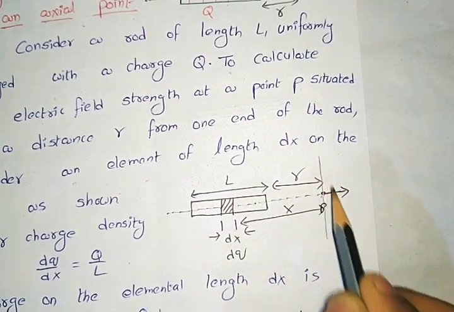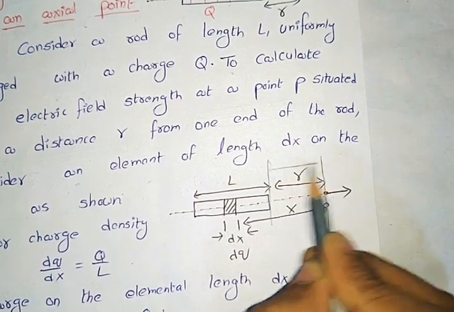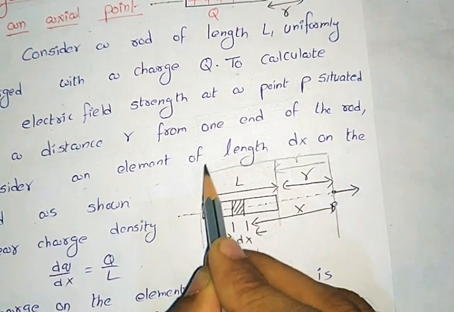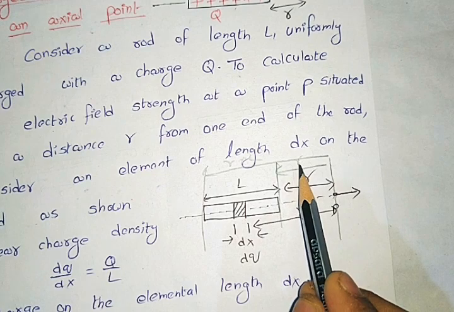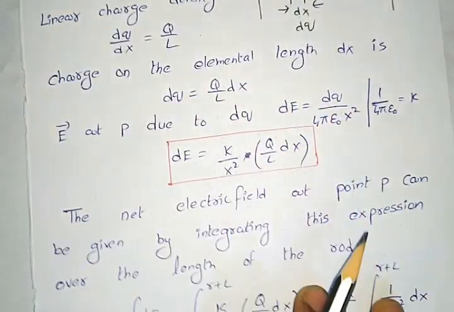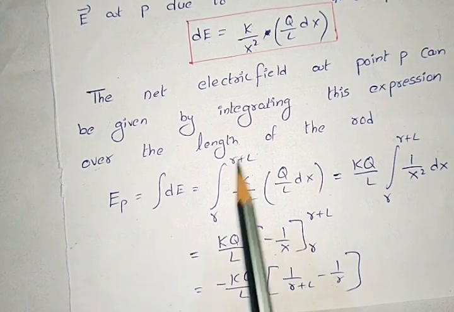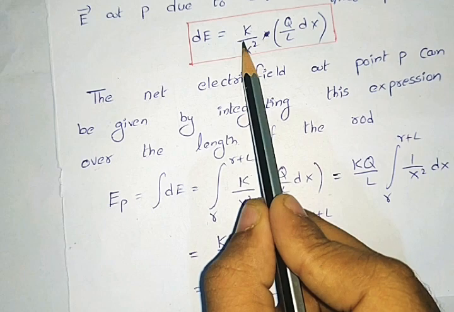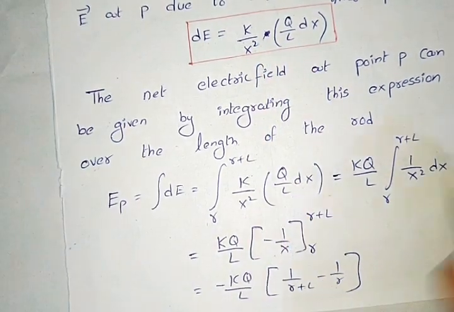If you take the point P, this end of the rod is at a distance of r and the other end of the rod is at a distance of r plus L. So for integration our limits will be from r to r plus L, and we will substitute the value of dE we got here: k by x square into Q by L dx.